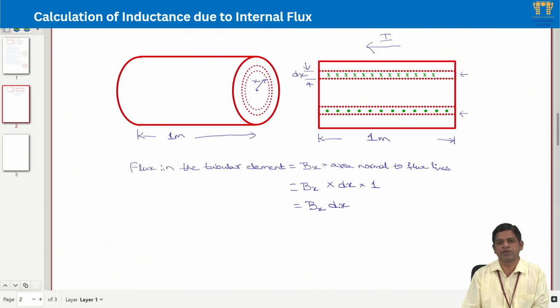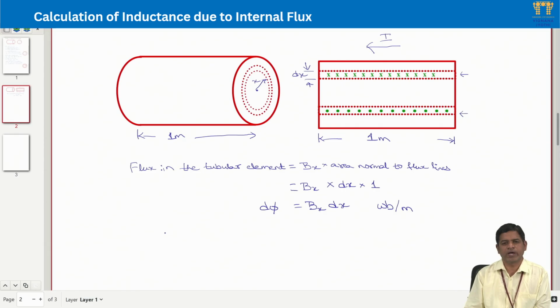Now let the flux in this tubular element be d phi. Right. So now here we know that flux generally has the unit Webers, but since we are considering a conductor of unit length of 1 meter, this differential flux d phi will have a unit of Weber per meter.